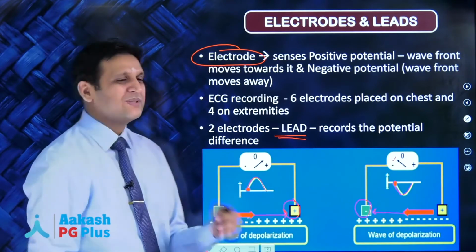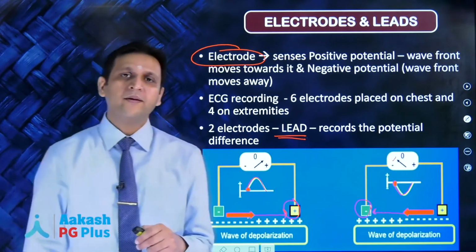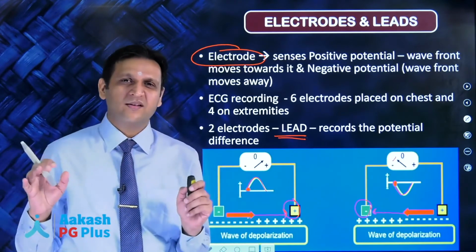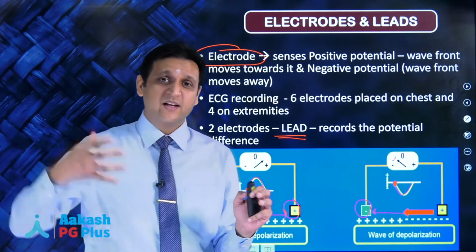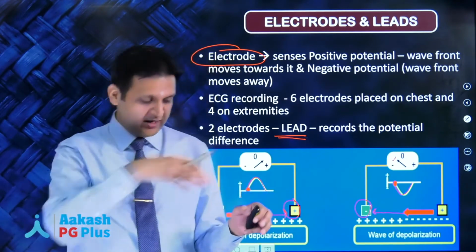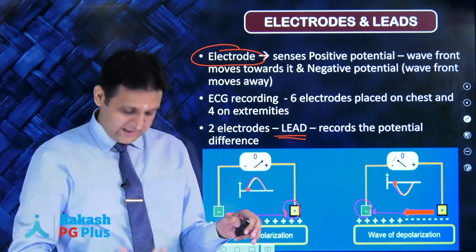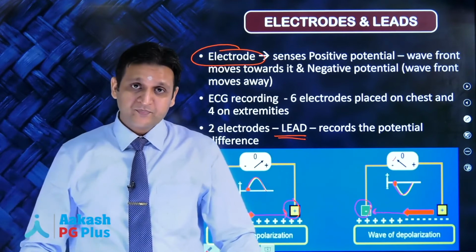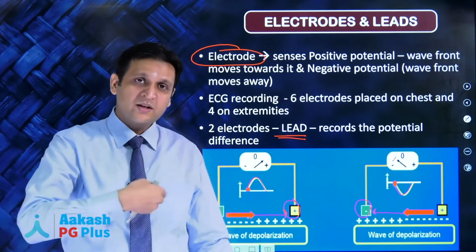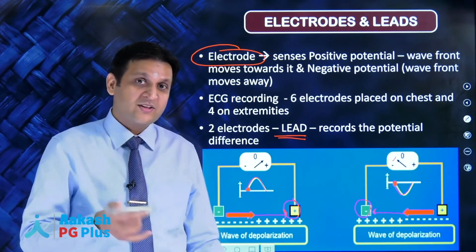So once we know these three basic concepts: one, that electrodes are cameras, yeah? They take beautiful selfie pictures of the heart from different angles. The AVR takes it from this angle, the AVL takes it from this angle, the AVF takes it from this angle, all three in the vertical plane, and the chest leads take it from the horizontal plane, right? So they are cameras.